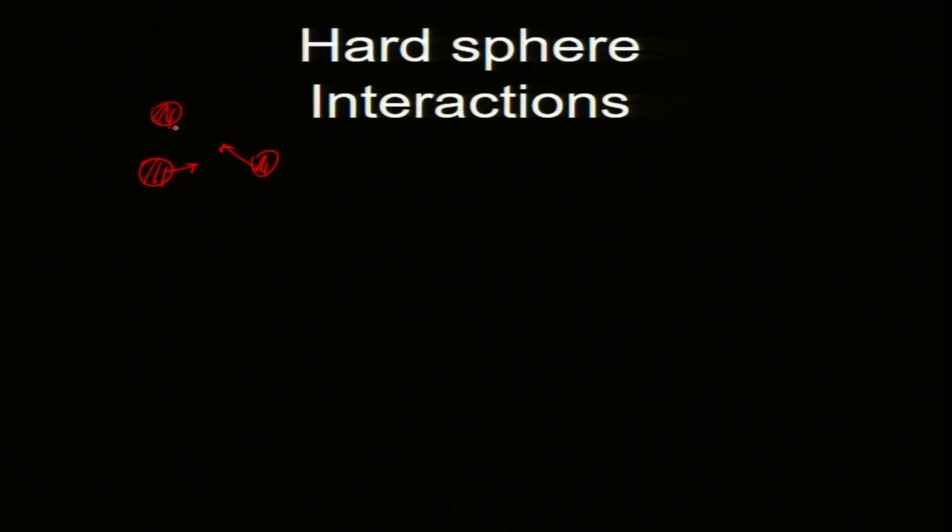So, there is no potential, only the collision will give you the interaction. This problem is actually easy to solve, but it is not very efficient, because you have to keep going until you hit a particle. So, there are issues with this when you implement it on a computer.